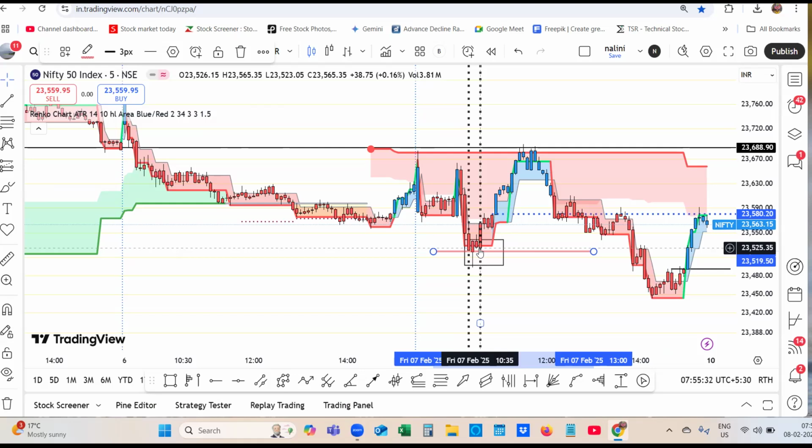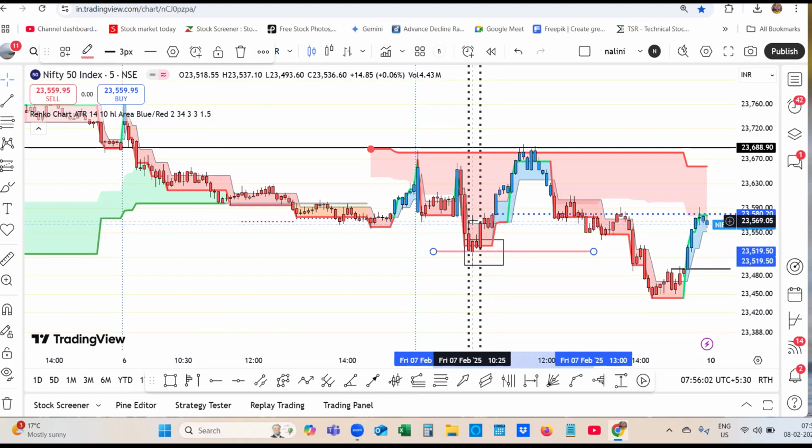Sometimes what happens to traders is they cannot hold the position if they have taken it in options. That is the problem, because price starts coming down and they cannot hold the position. In the live market, it becomes a highly challenging task to hold the position, because emotions will already start affecting your mind.